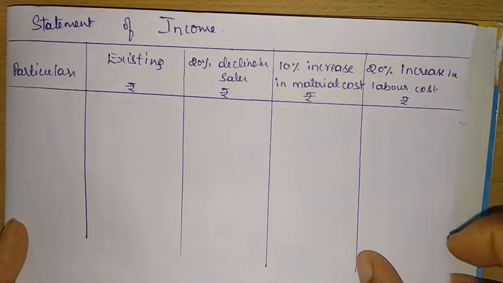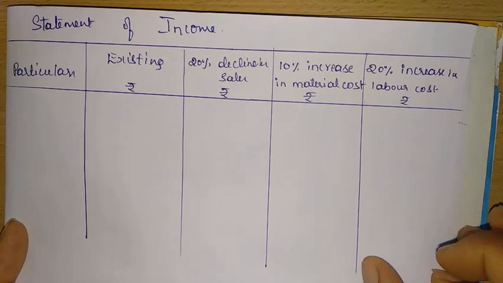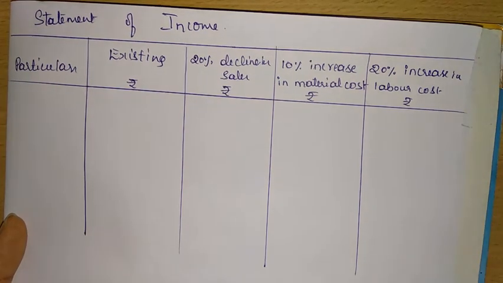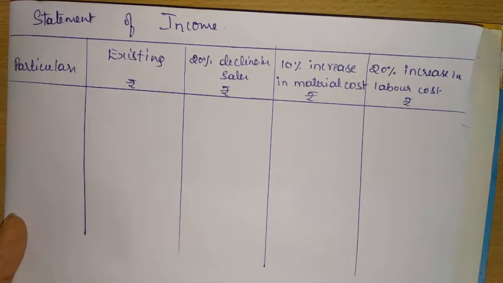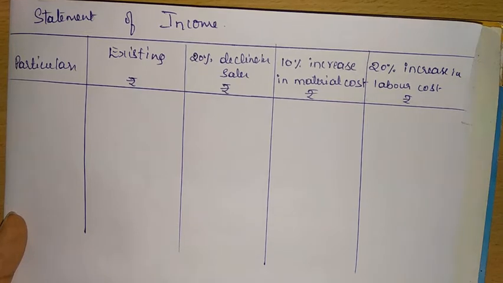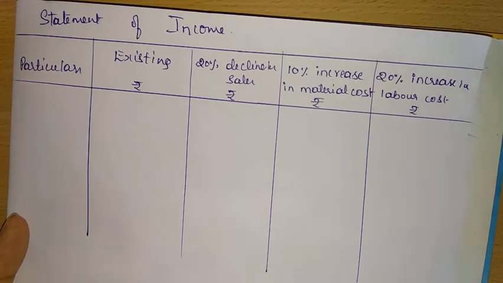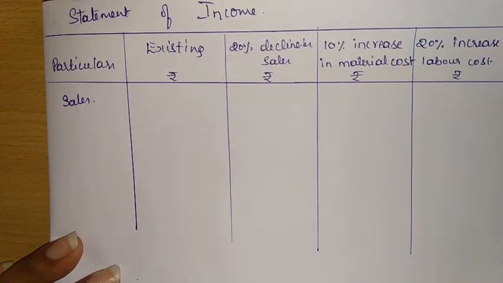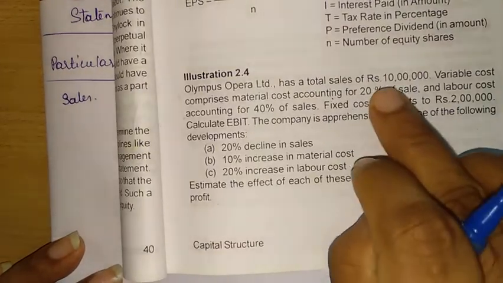And when there is a 20% increase in labor cost, what will be the effect on EBIT? So to calculate that, we need last column. So first, as per specimen, we have to write what? Sales. So in a problem, what is the amount of sales given? It is 10 lakh.